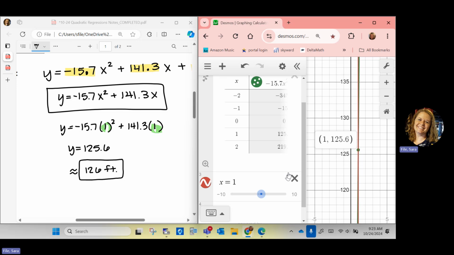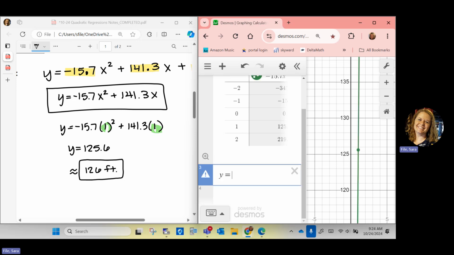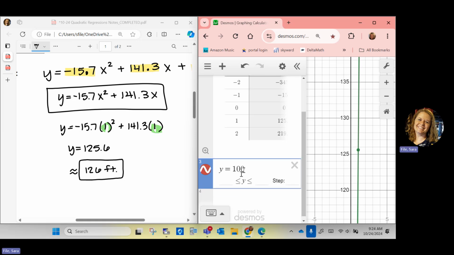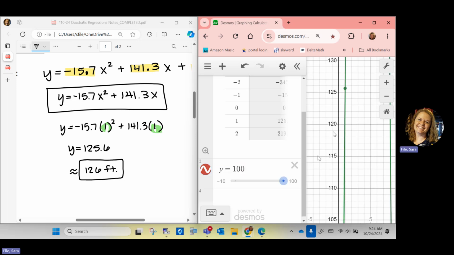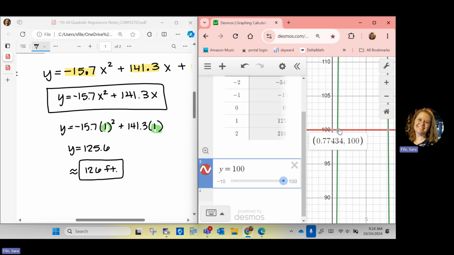Now, if they gave you Y and asked for X, you could do the same thing. If they said, how many seconds before the rocket is at, let's say, 100 feet, you could say where Y is 100, because that's the height, and it'll graph a line where Y is 100, and you're looking for that intersection.